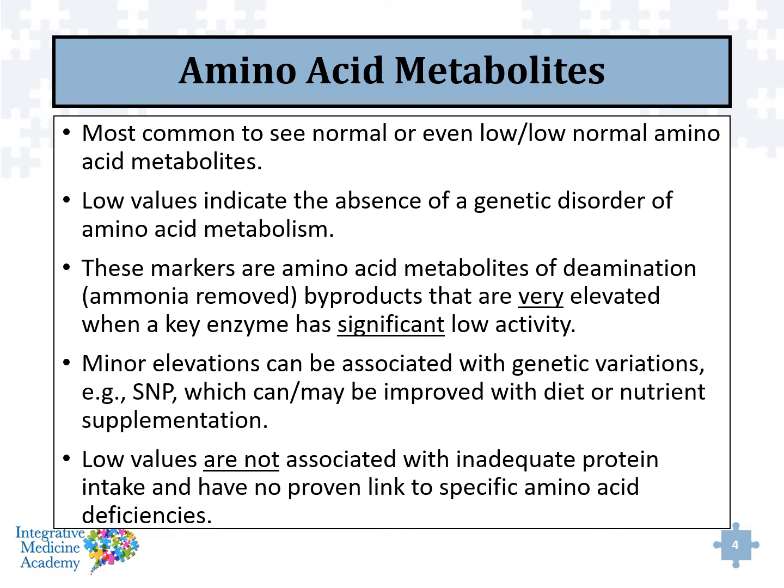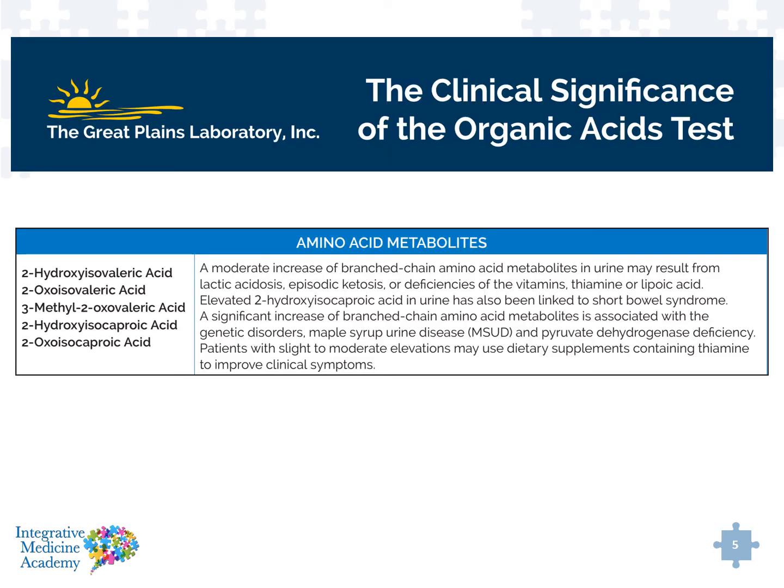So again, low values are not associated with inadequate protein intake and have no proven link to specific amino acid deficiencies. Now, when you look at the amino acid metabolite section, if there are going to be any elevated markers, it usually occurs within these 5 specific amino acid metabolites.